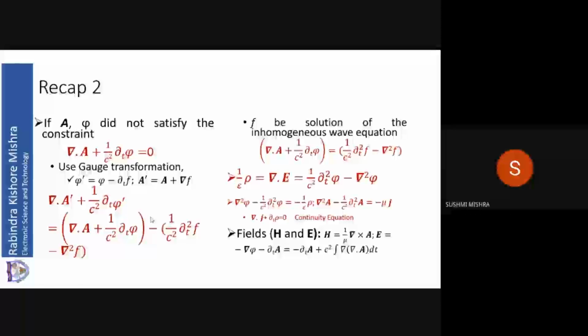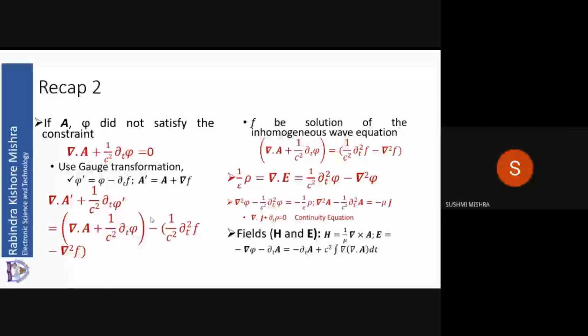So we replace the divergence of electric field. Now if we do that, what we found is del square phi minus 1 by c square dou square phi by dou t square is equal to minus 1 by epsilon rho, and del square A minus 1 by c square dou square A by dou t square is equal to minus mu J. Now we got two equations.